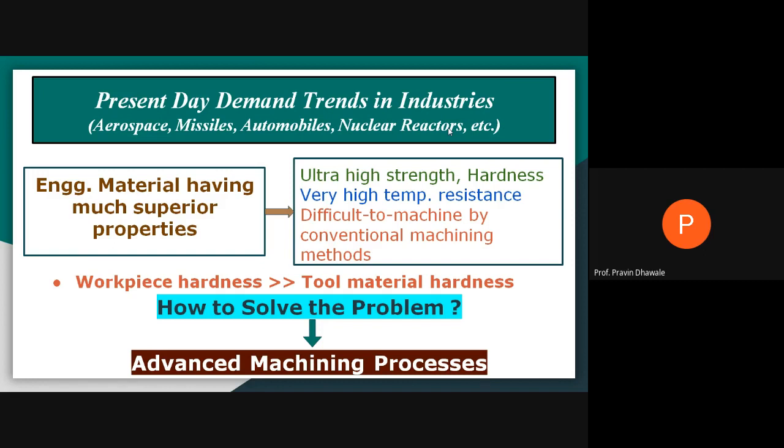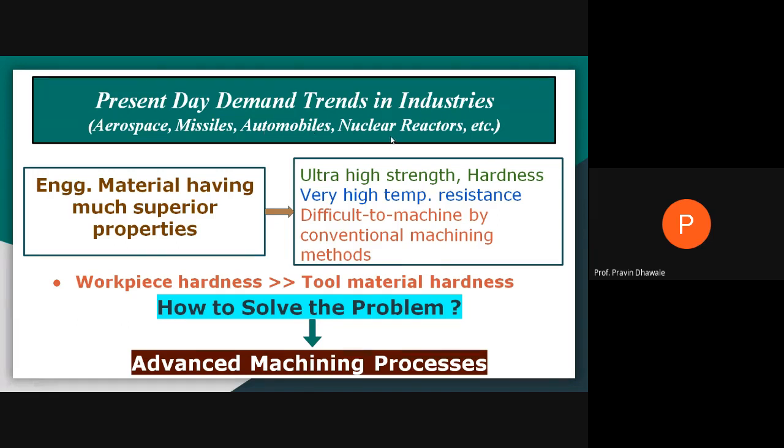Mechanical stress. So we require engineering materials having very high quality properties, like ultra high strength, hardness, and very high temperature resistance. That will be the requirement of such materials in the applications of aerospace, missile, automobile, and nuclear reactors.